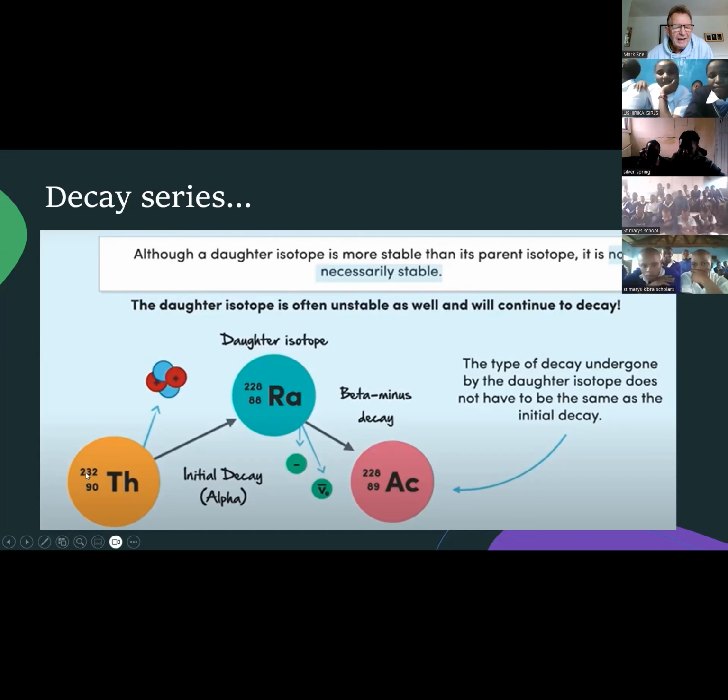But what we want to look at is just the numbers. Okay, it's the numbers that matter. So we're going to look at it on a different sheet. So 232 90 thorium is going to change into 228 88 radium, which is going to change into 228 89 actinium. Okay. So that's what we're going to look at.